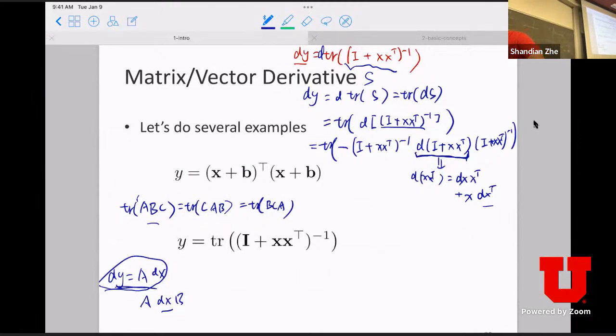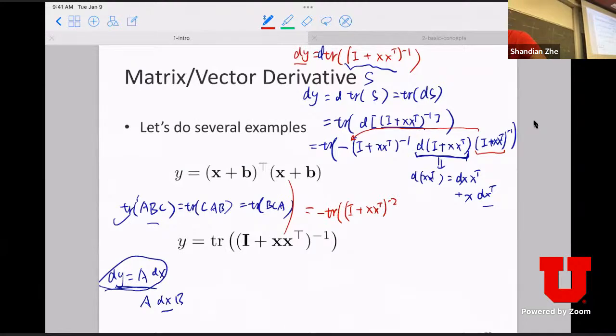So first of all, we can apply this property. We can move the right matrix in the product to the front. This is just applying the trace property. If there's a negative sign inside the trace, you can take it out; it doesn't change anything. So we move this I plus XX transpose inverse to the front. So actually we multiply the inverse of I plus XX transpose twice.